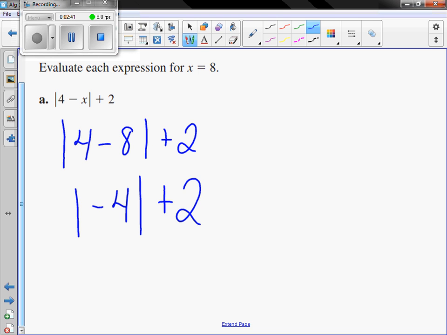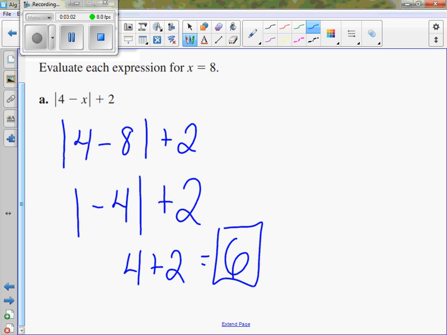So what's the absolute value of negative 4? It is 4 because it comes out positive. So 4 plus 2 is? So the answer for this here is 6. And that's it. Questions on this here?